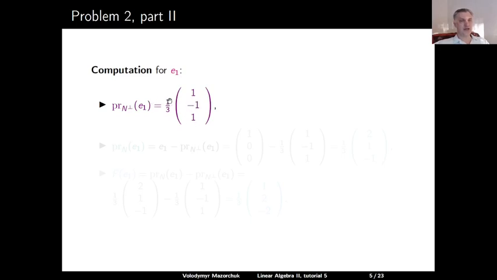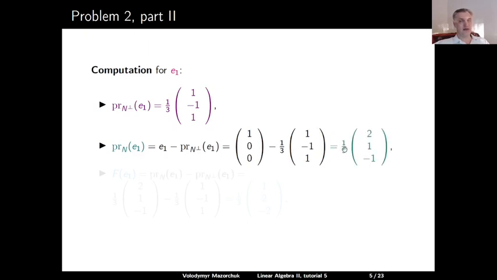So this projection is 1/3 of (1, -1, 1). So the other projection, the projection of E1 onto n, is then given as a difference between E1 and the projection onto the orthogonal complement to n. So this is a vector (1, 0, 0) minus 1/3 of (1, -1, 1). And this is a vector 1/3 of (2, 1, -1).